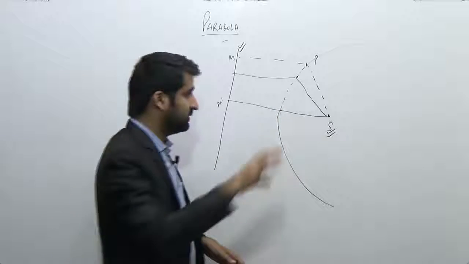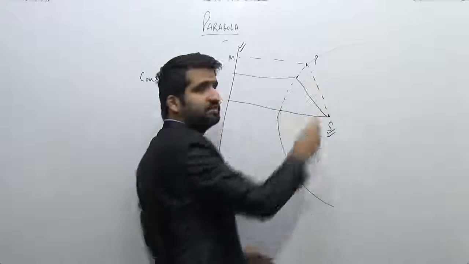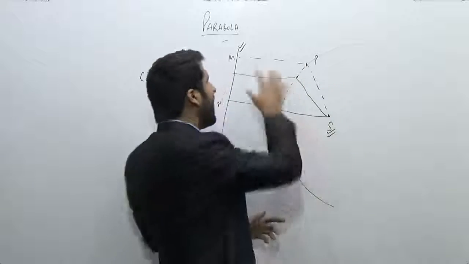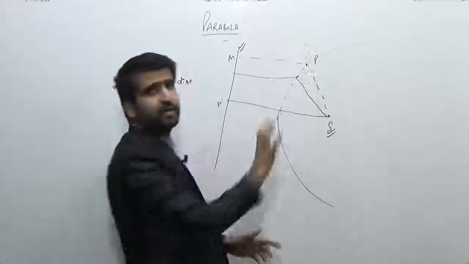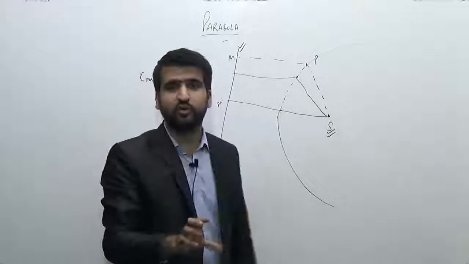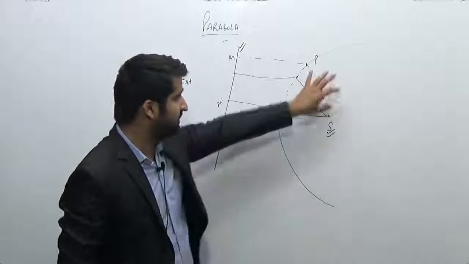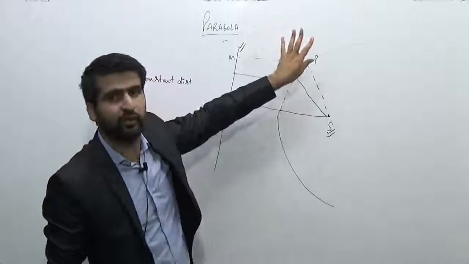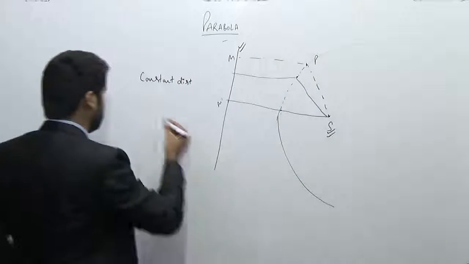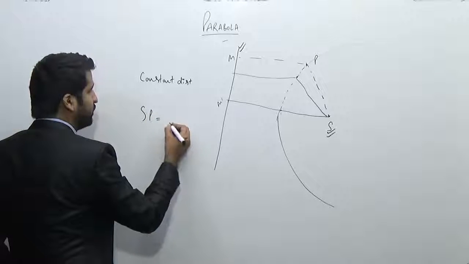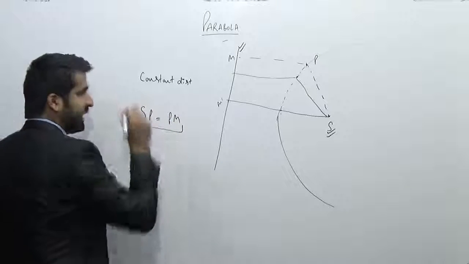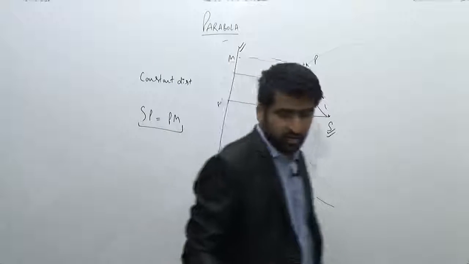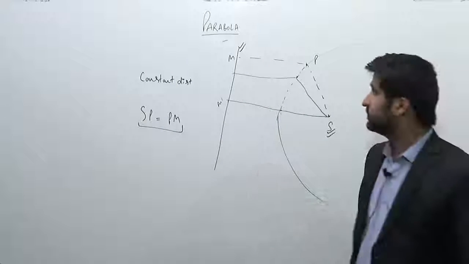But the distances between the focus and the given point, and between the line and the point, are equal. This distance is not constant like in the case of a circle, but these two distances are equal. So we can see that SP is always equal to PM in case of a parabola. Right? So this is a basic definition of a parabola.